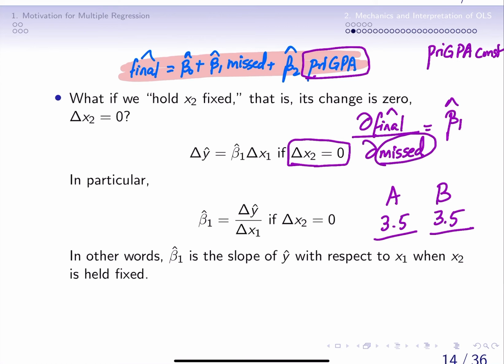So there's some variation in the missed lectures, and we're asking what is the average prediction for that final exam score if we held everything else constant but only allowed the missed lectures to change, okay? That's the interpretation of this beta 1 hat, okay? So remember, it is a ceteris paribus interpretation always.